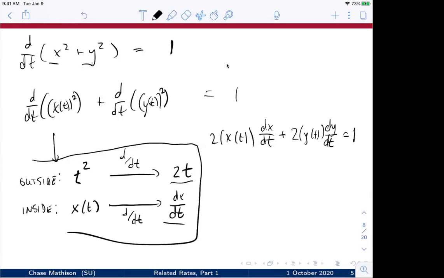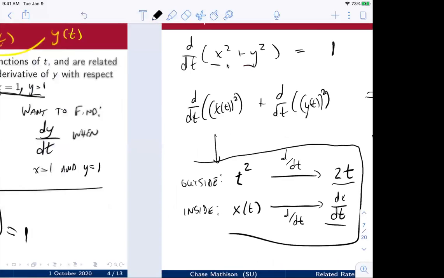So now that I'm here, what do I do? Because now I have the thing that I want, right? I have dy/dt. So what do I do about this x and dx/dt and y of t? Let me go back a page so that maybe you can see.